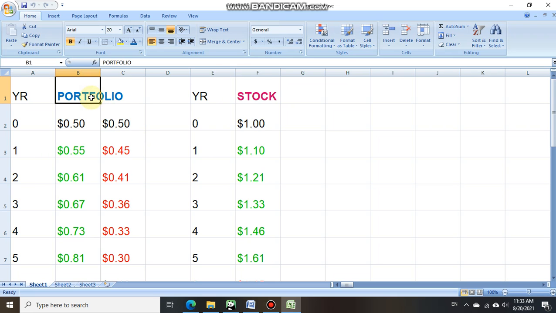When you create a portfolio, due to the compounding effect, you have one stock that keeps compounding and snowballs the return, and at the end of it, from 50 cents it becomes 81 cents. So 50 cents to 81 cents, you actually increase by 31 cents. At the other extreme, you have a negative compounding effect, whereby it started at 50 cents and ends up at 30 cents. So you actually lose 20 cents.